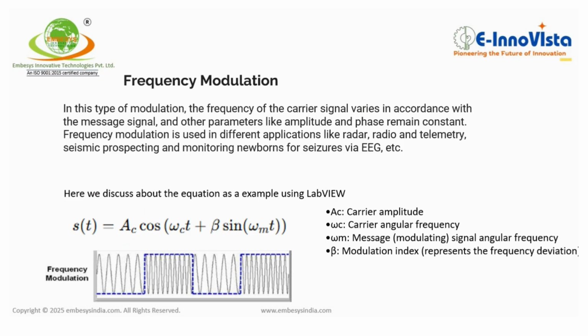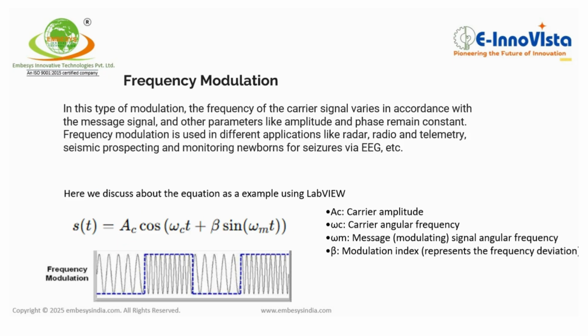Here we discuss the equation as an example using LabVIEW: S of t equals Ac cos of omega c t plus beta into sine omega m t. Ac is the carrier amplitude, omega c is the carrier angular frequency, and omega m is the message or modulating signal angular frequency. Beta refers to the modulation index, which represents the frequency deviation.